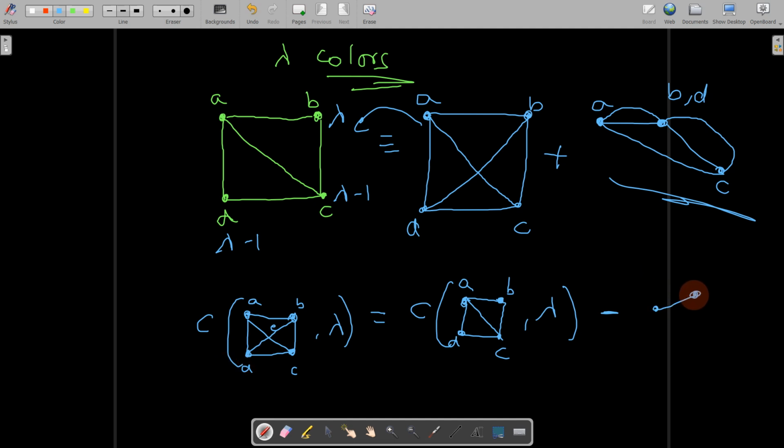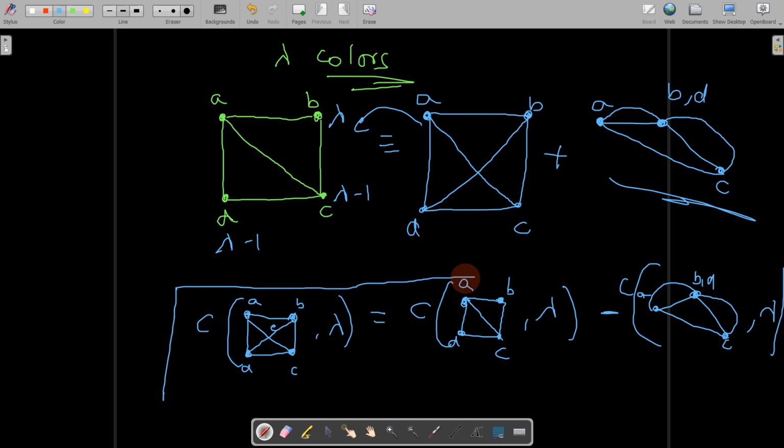So this is the chromatic polynomial for this graph using lambda colors. This is the definition of the recursive algorithm.